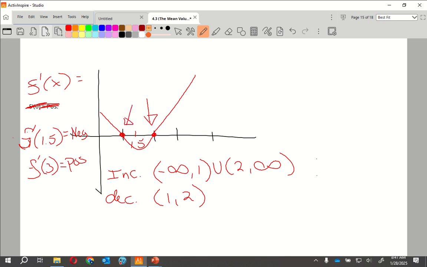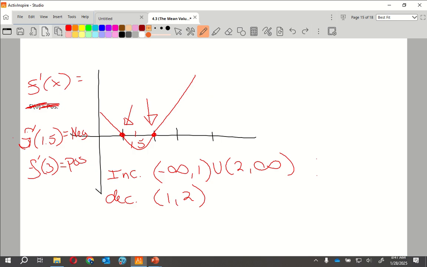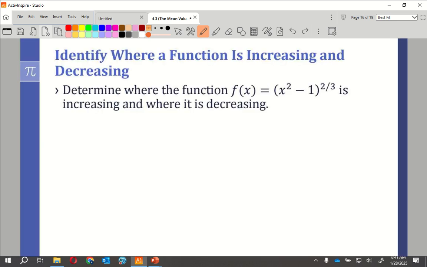So I could actually use that on my number line and plug in numbers for my test. Okay. Did I answer everything? Increasing, decreasing? Determine where the function is increasing and decreasing.